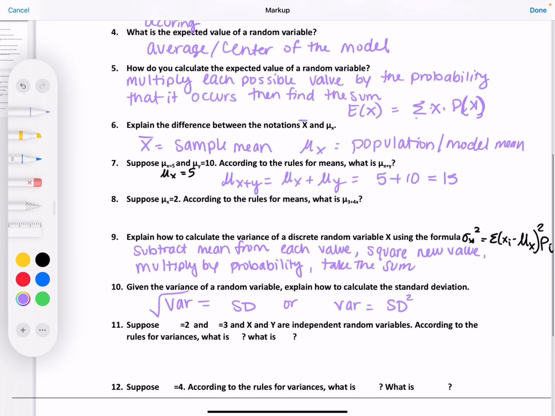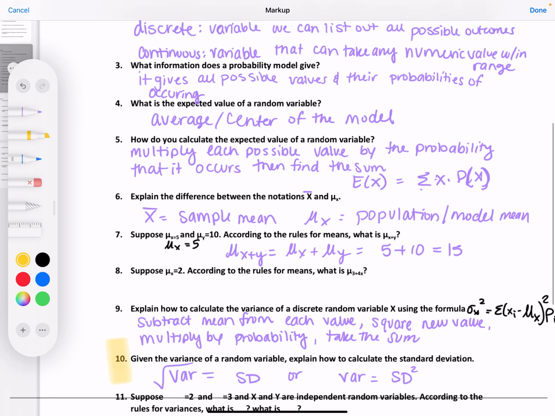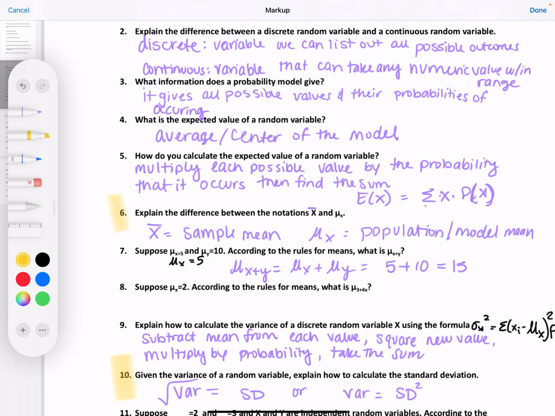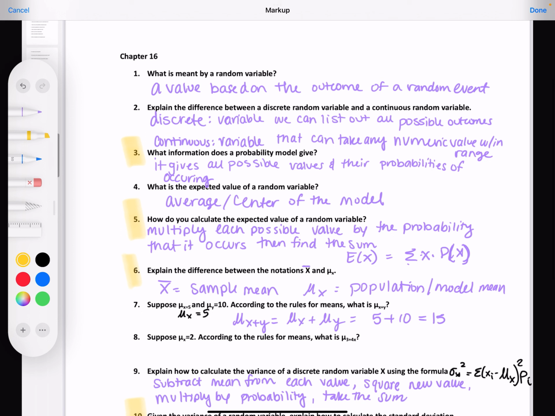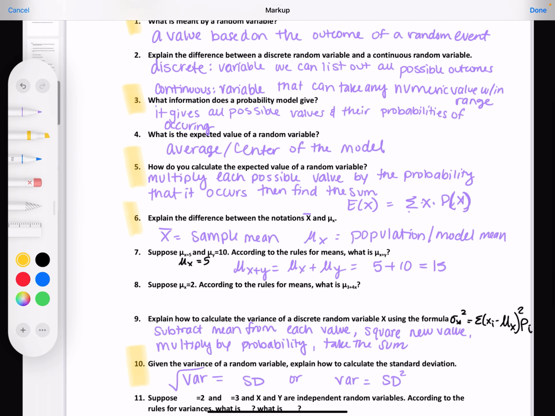All right. Highlighting what you need for the quiz. On this one, you need 10, 6, 5, 3, and 1. So 1, 3, 5, 6, and 10.